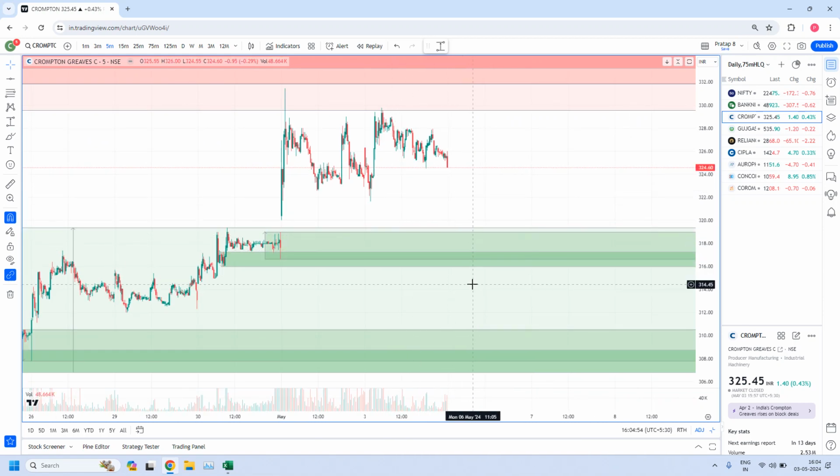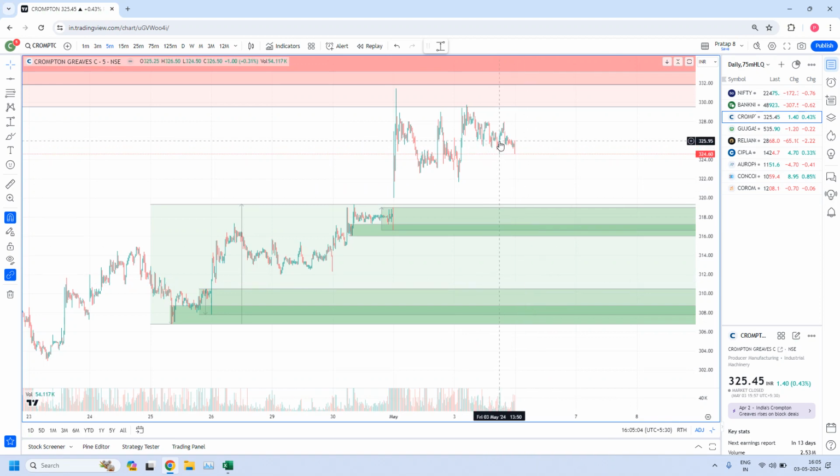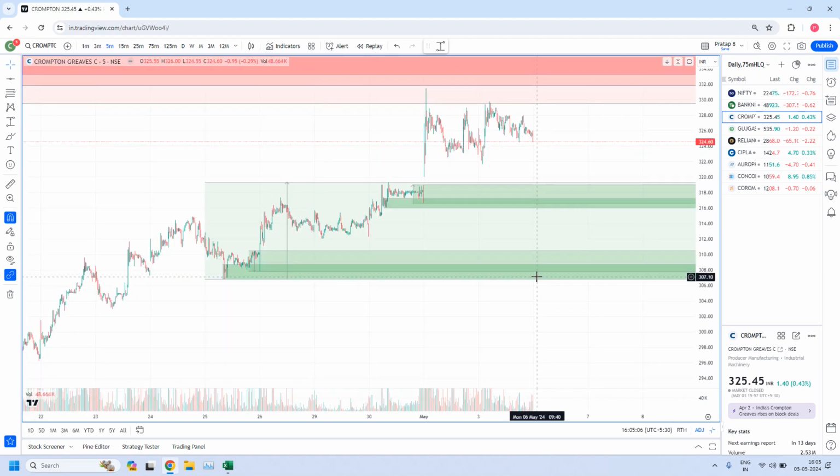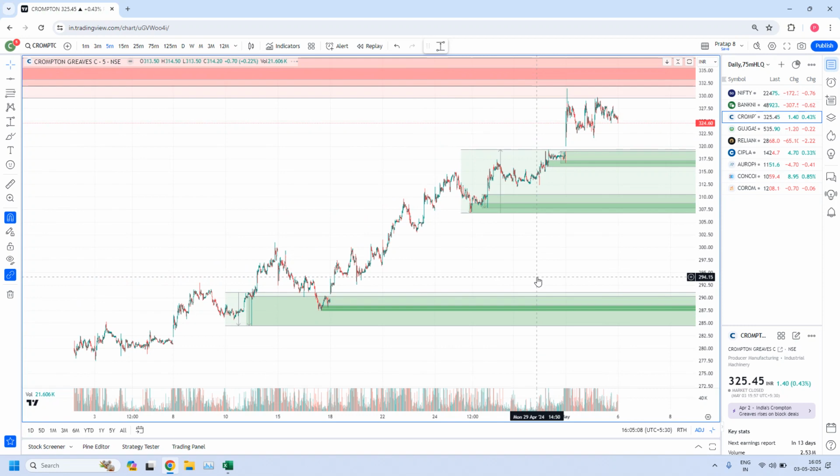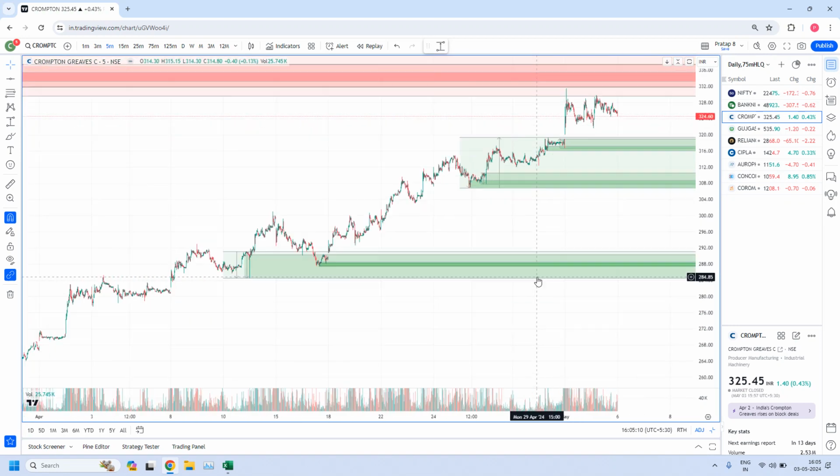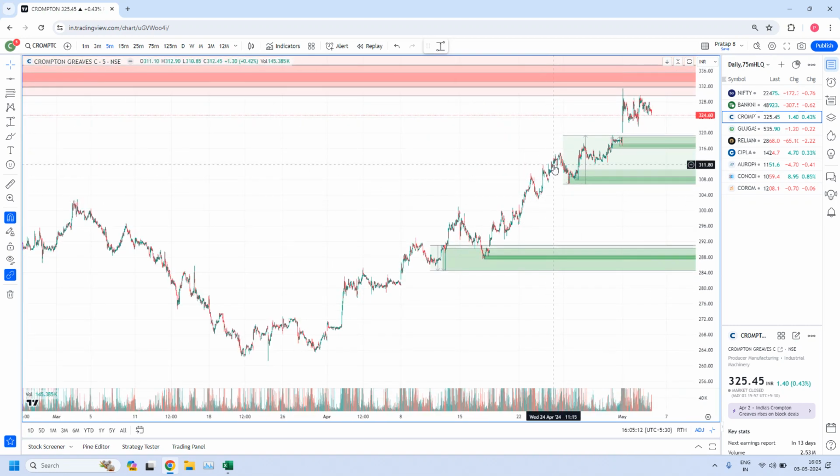If prices come here, play somewhere here and create new 15-minute zones, like what happened in Concur, then maybe we can consider. But today prices didn't come into this zone at all. There is another thing.